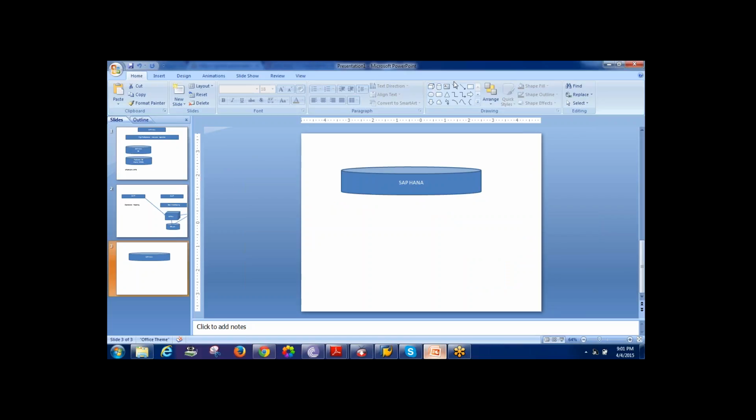It is called IMC, the in-memory computing engine. IMC stands for in-memory computing engine. This is the name of the SAP HANA database.